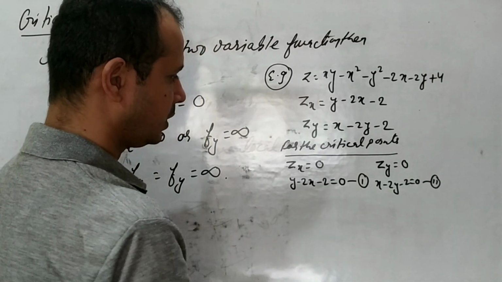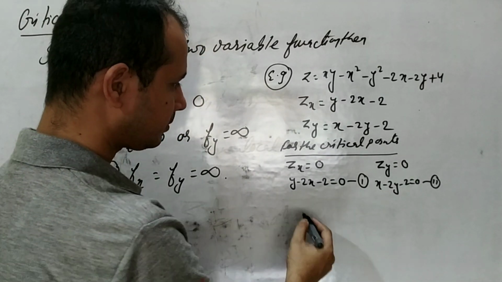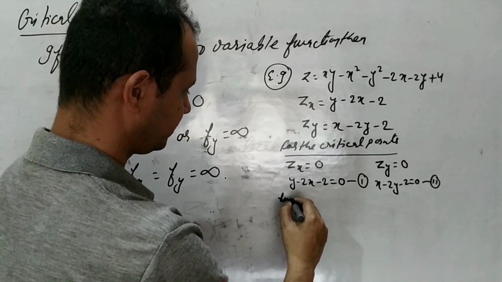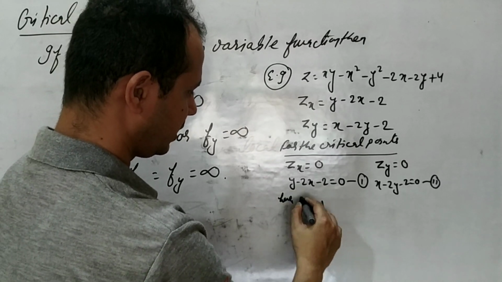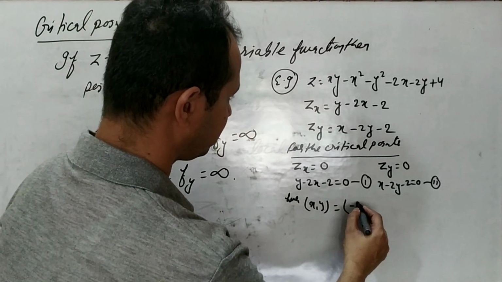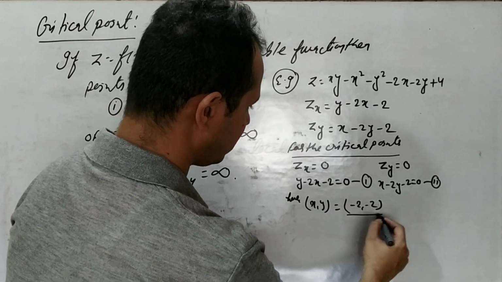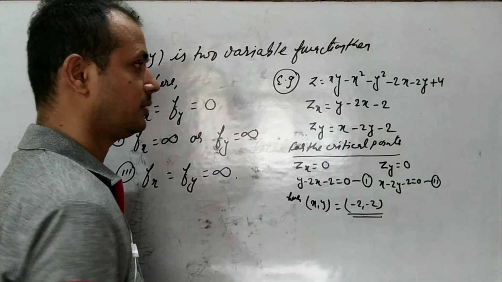Now solving these two equations, we get 2, minus 2. And this is the critical point of this function.